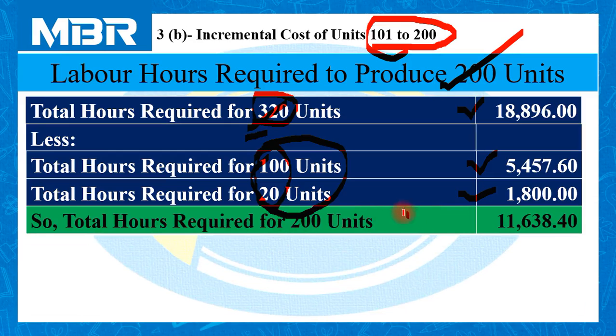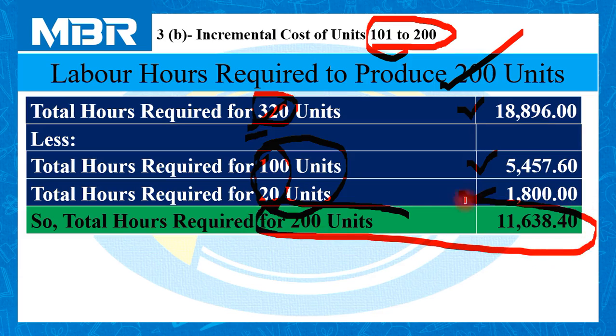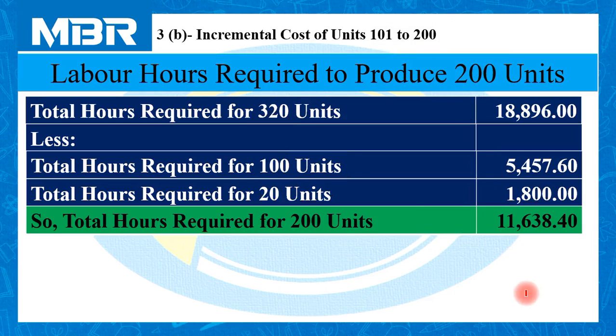And this difference is the labor hours required to produce 200 units of output, 11,638.4. It is one of the most important calculations, because without it we cannot calculate the incremental cost of units 101 to 200.